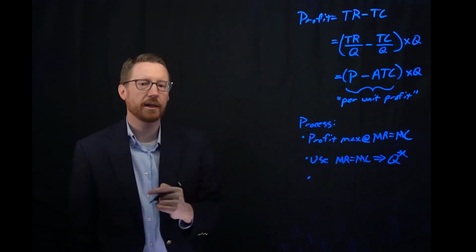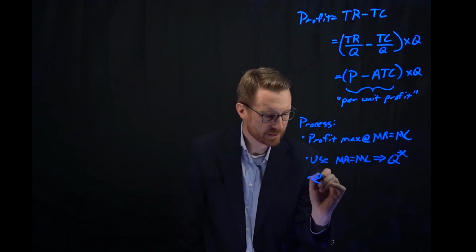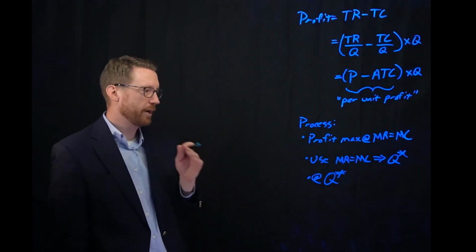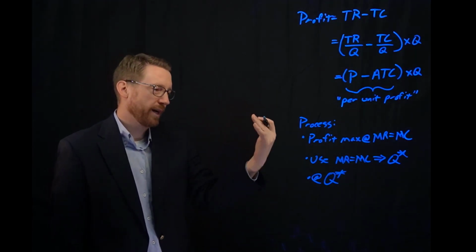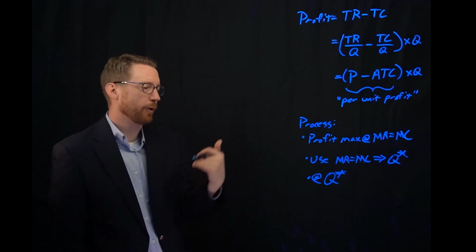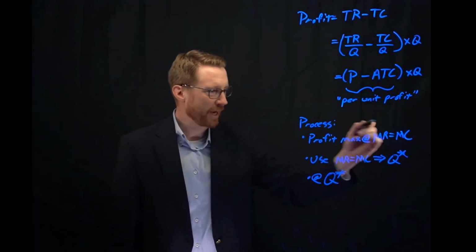And then at that quantity, we see whether the firm is profitable or not. At Q star, we want to know: is the price greater than or less than average total cost? Is the firm profitable at this profit maximizing point?